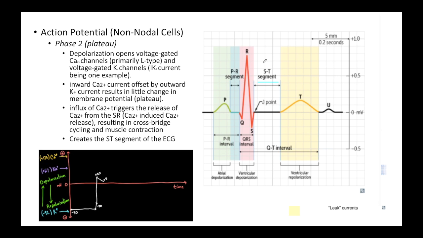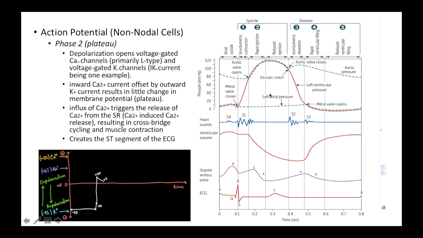And just special to note here, because this portion results in muscle contraction and creates this segment, when you think about MIs, whether they're STEMI or non-STEMI MIs, the reason you have a change here is because of problems with muscle contraction. If you have dead cells, they're not going to contract. So that's a key finding there.